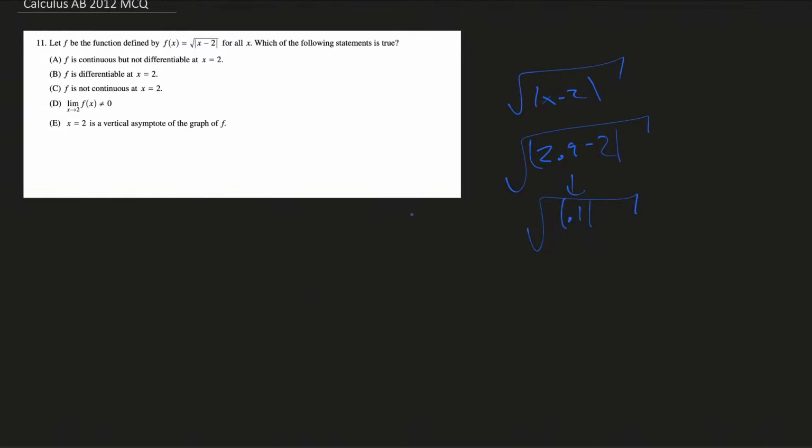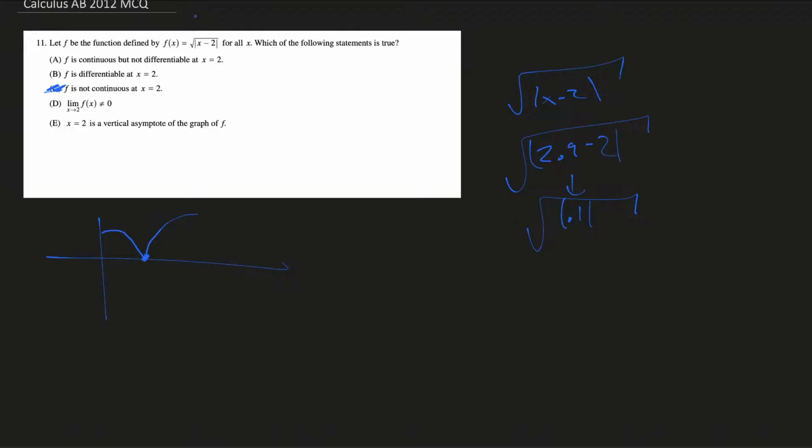Similarly, if I do a number pretty close to 2, you can see that the values equal the actual limit there. So the limit and the point is defined at 2. If you think about the graph, it's actually like a cusp here at x equals 2. So this is continuous, so it can't be C.